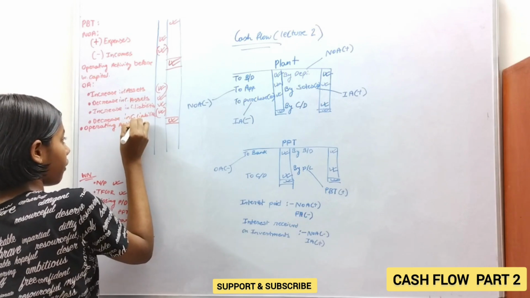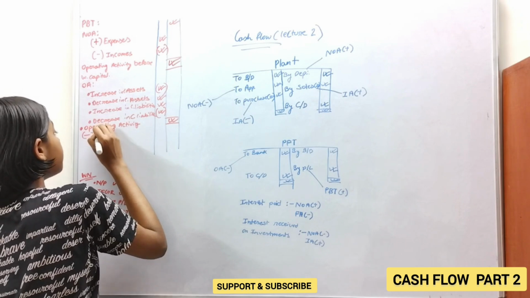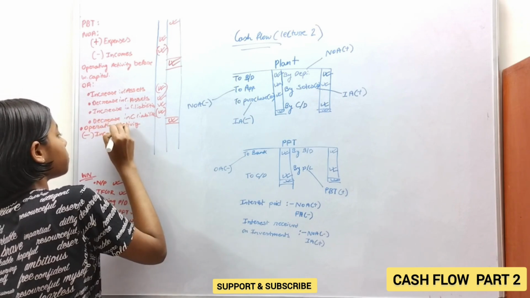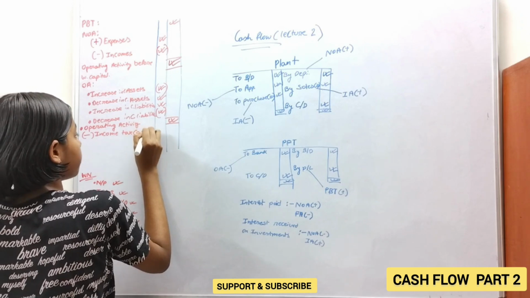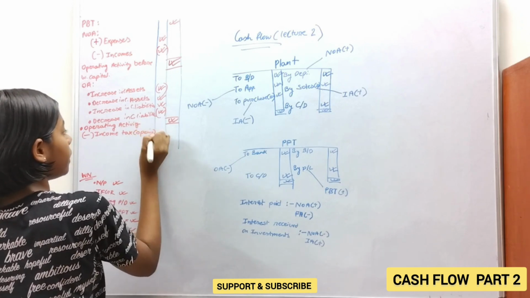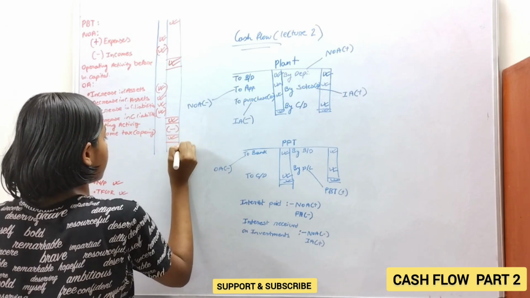But remember, you then have to less the income tax which was paid during the year, the opening amount. You'll less it and you'll get the operating activity.